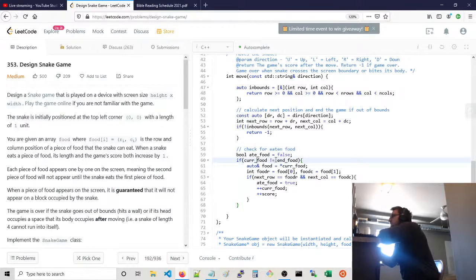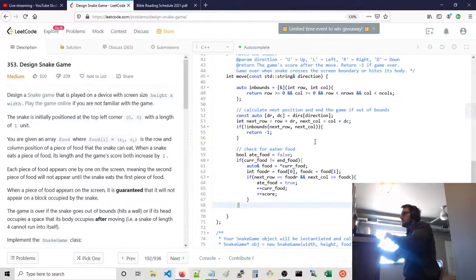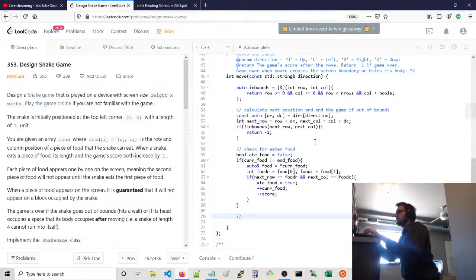So check for eaten food, and increment the score. Update the snake body by removing the tail. Note, the tail is not removed if the snake ate food.